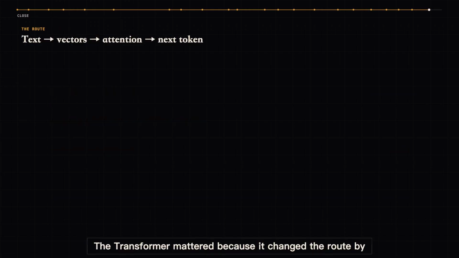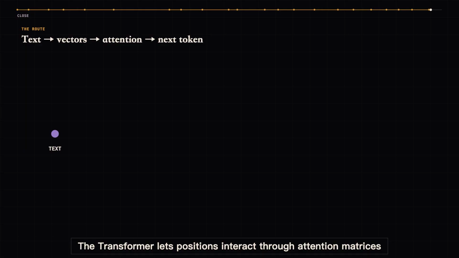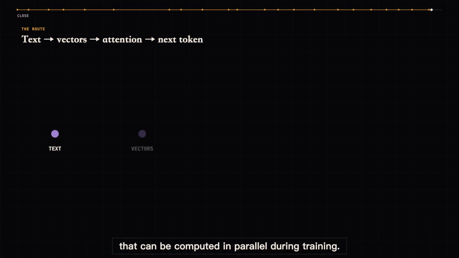The transformer mattered because it changed the route by which information travels through a sequence model. An RNN carries information through a chain of states. The transformer lets positions interact through attention matrices that can be computed in parallel during training.